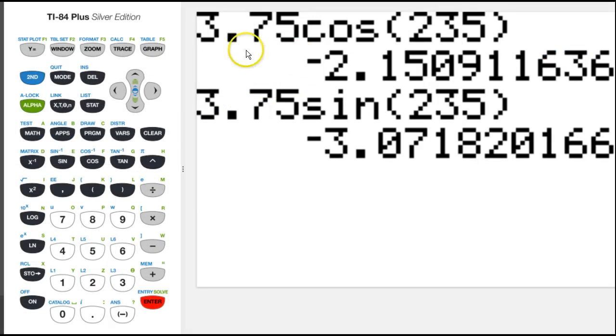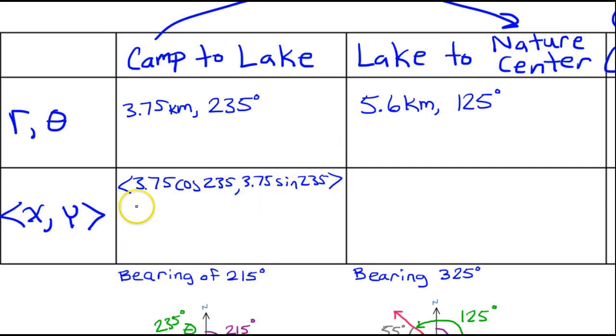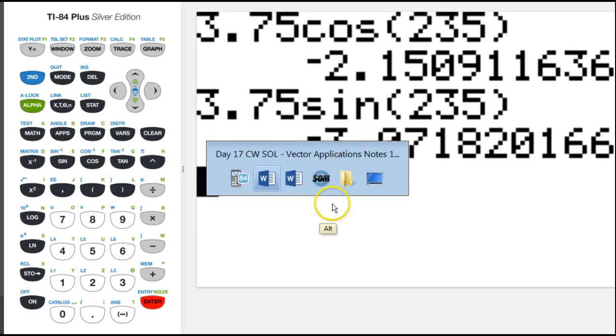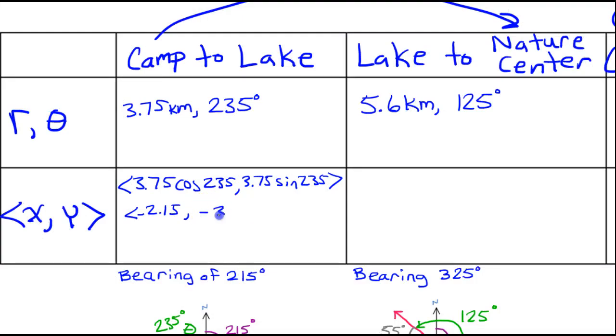So here it is. That gives us negative 2.15, comma, negative 3.07. Alright, so that's the component form for the vector from camp to lake.